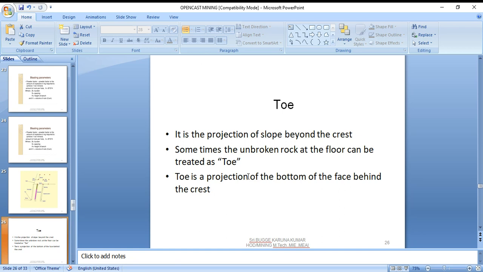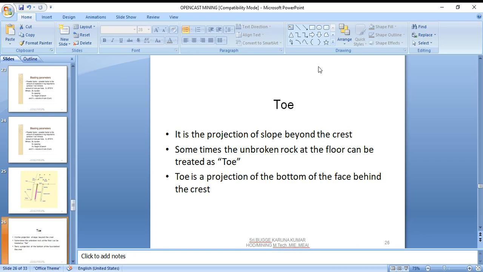What is meant by toe? It is a projection of the slope behind the crest. Sometimes the unbroken rock at the floor can be treated as a toe. Toe is a projection of the bottom of the face behind the crest.